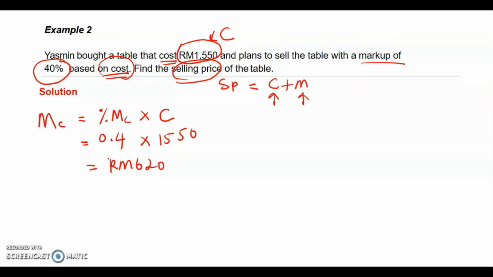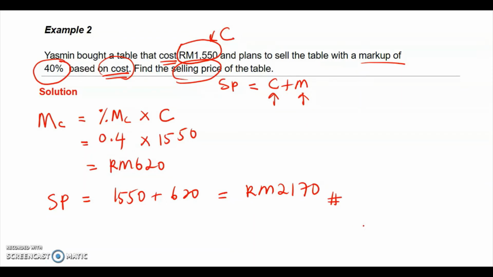This is the extra amount that must be added to the cost price. Now you can find the selling price. Selling price is C plus M. So C is 1550 plus 620. So the selling price is RM2170.